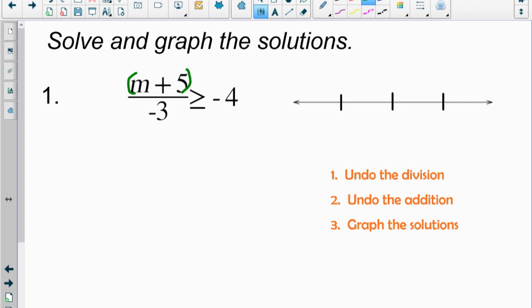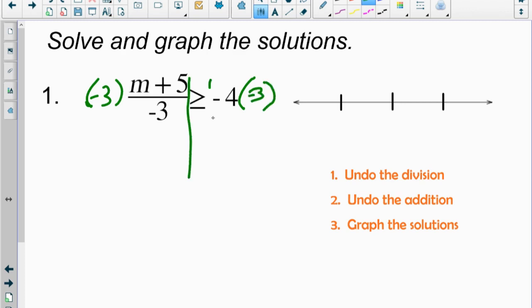So the first thing we have to do is try to get rid of that negative 3. Okay, so we have to think, how is m plus 5 attached to the negative 3? It's through division. And to undo division, we want to go ahead and multiply both sides by negative 3. So negative 3 times that fraction, and then multiply by negative 3 on the other side as well.